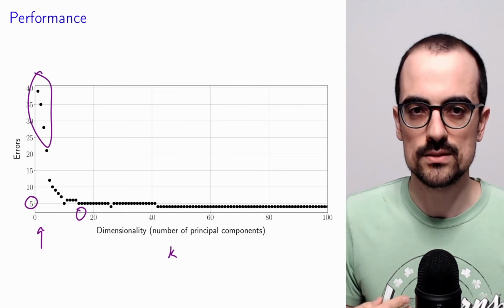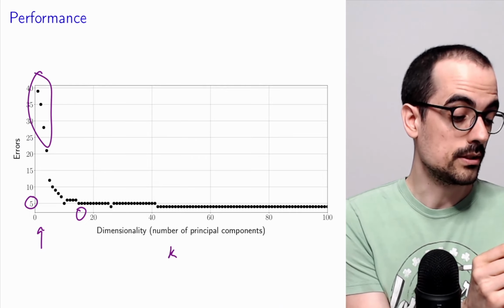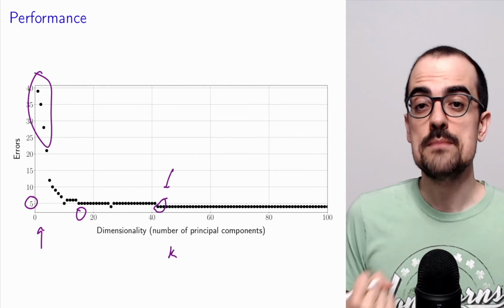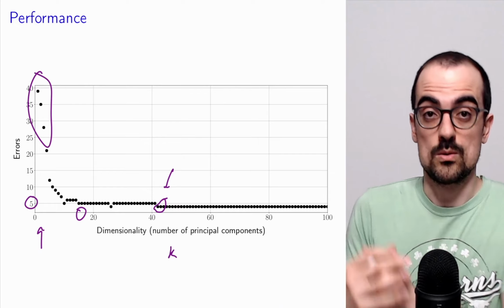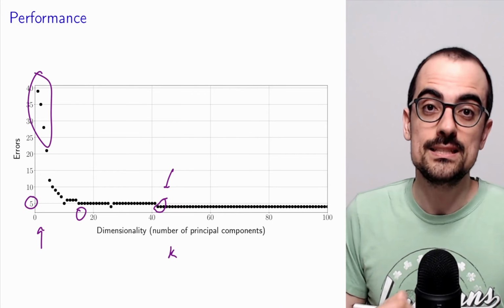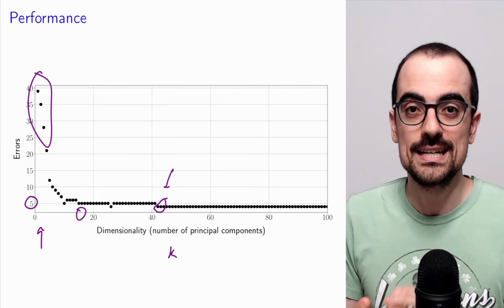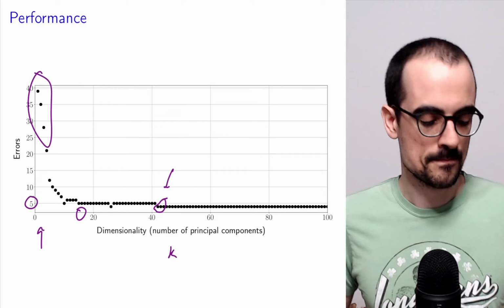The test set contains 40 faces. And then eventually, for dimensionality 42, we already get the same error as if we're using the full dimensionality. Okay, so we have dramatically reduced the dimensionality and still preserve the same performance. This shows that we're capturing the important information in the data to perform this identification.